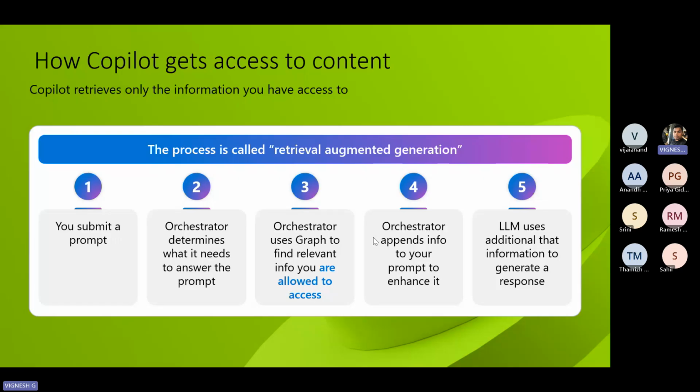So it makes sense for the orchestrator to go and search for the content in Microsoft Graph. And this is also permission aware. So you can get access only to the files or the contents that you have access to. For something you don't have access to, you won't be able to get those results.